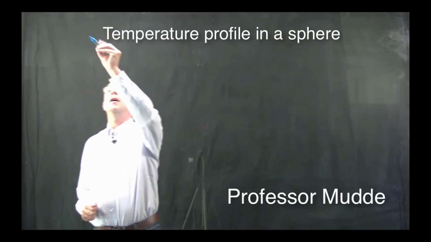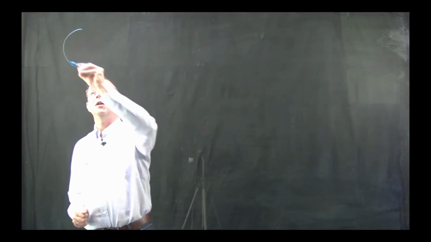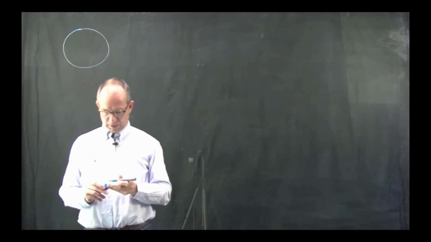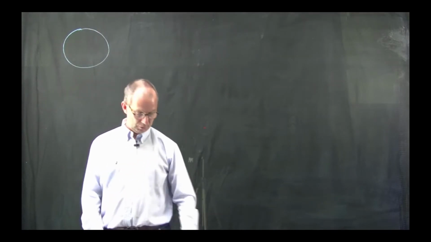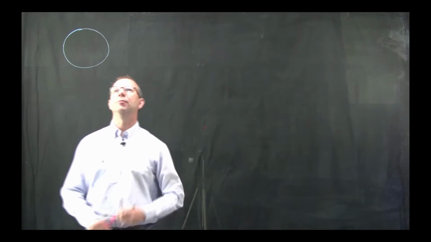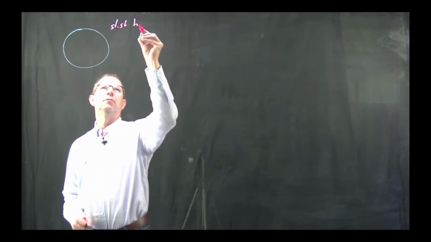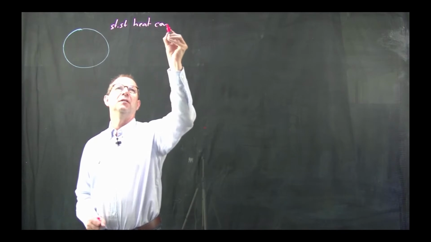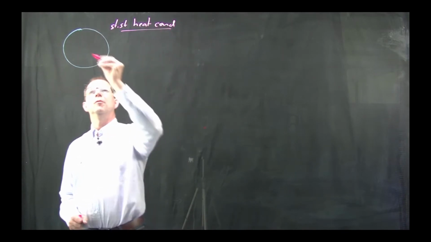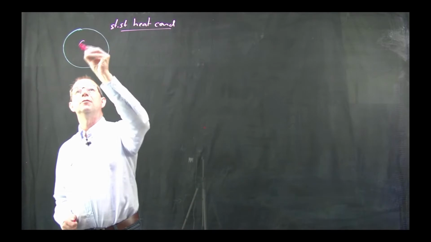Today, in this example, we're going to take a look at a heat balance, but now for a sphere with steady state conduction of heat, when there is internal heat production in the sphere.